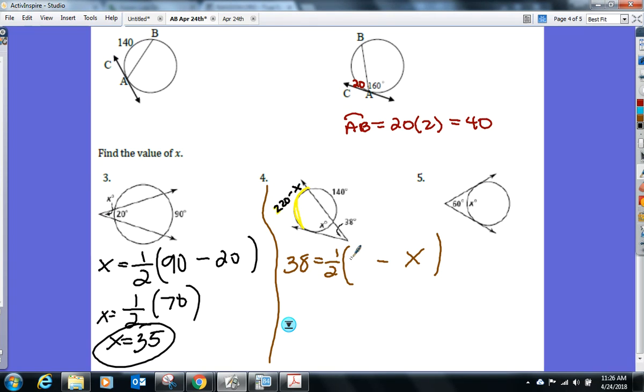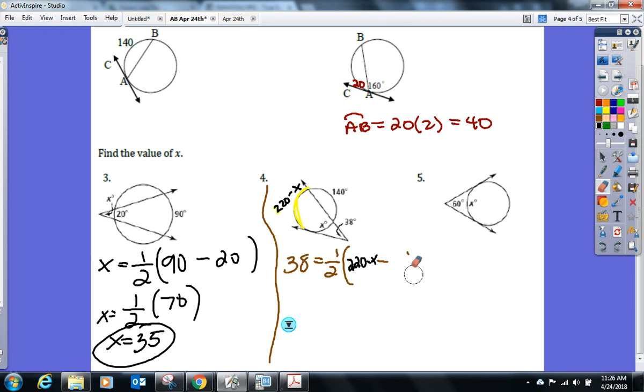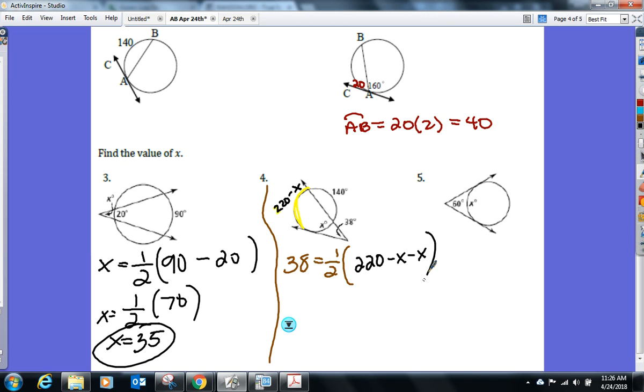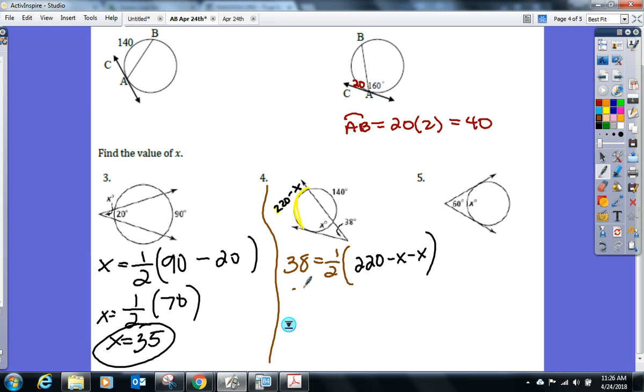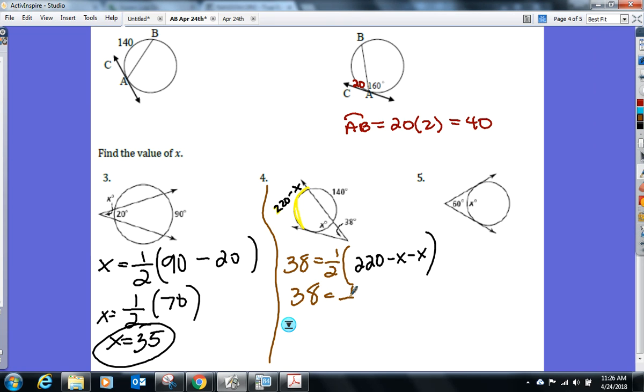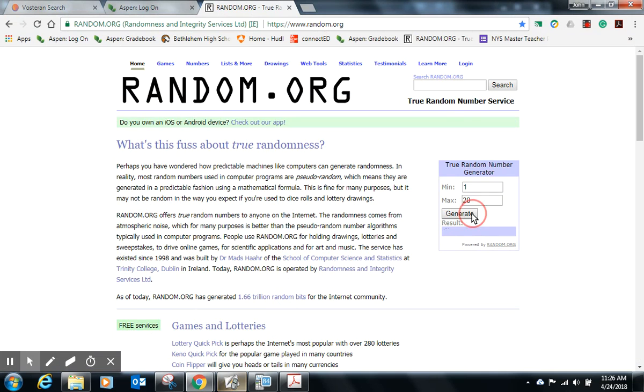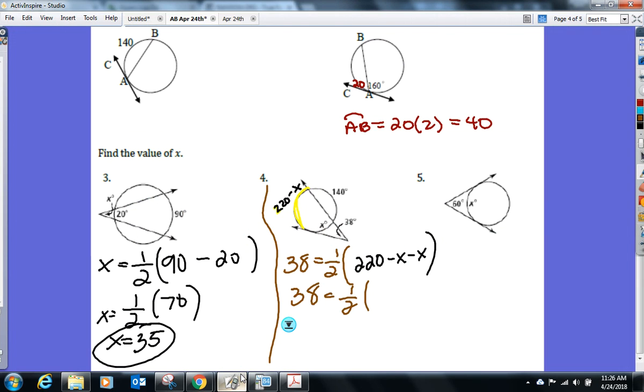And that's what's going to go into here: 220 minus X minus X. And I'm going to clean that up. Clean up that parenthesis inside. What's inside the parenthesis now?